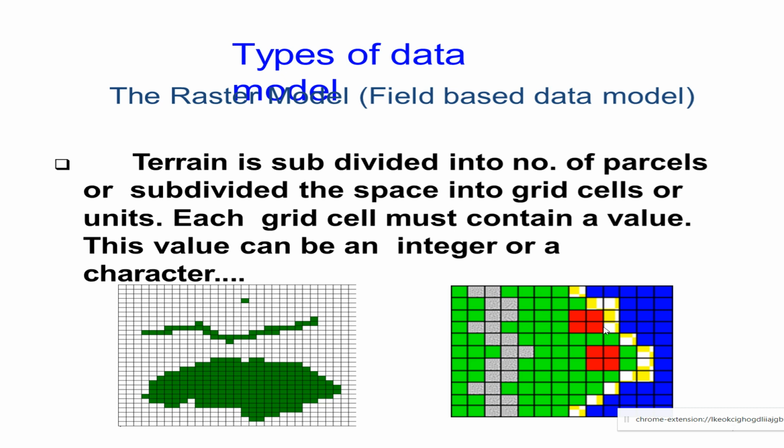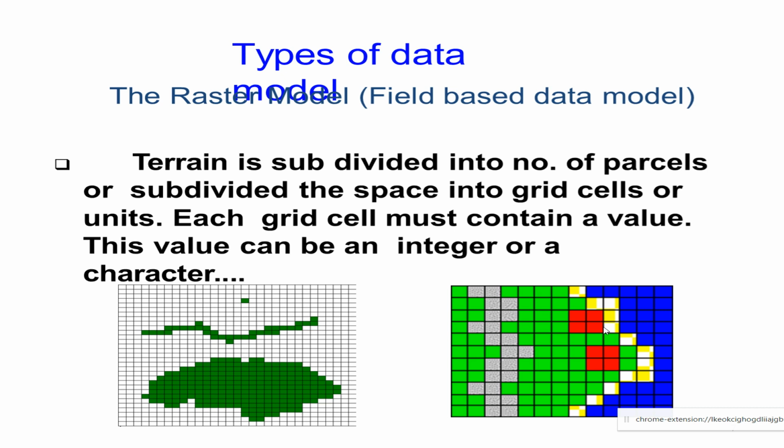In the raster model, the terrain is subdivided into a number of parcels or grid cells. Each grid cell must contain a value. Here the grids look the same, but each has different values.